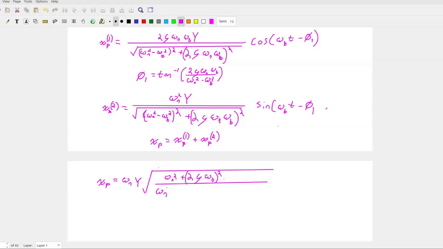Omega n, our natural frequency squared, minus omega b, which is the frequency that our base is moving at, that term squared, that whole term squared, plus 2, the critical damping ratio of our system, omega n, the natural frequency of our system, omega b, the frequency that our base is moving at, that whole term squared. Now I hit an issue.